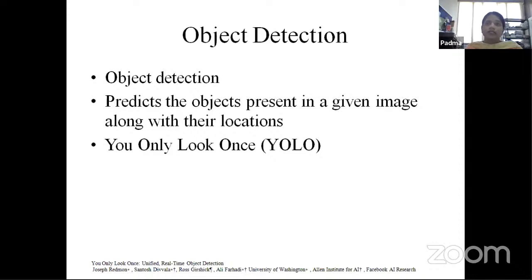Now we know that if I take an input image that is a real-time input image, mostly birds fly in the sky, right? So your model should be able to give the exact location where those birds are, right?